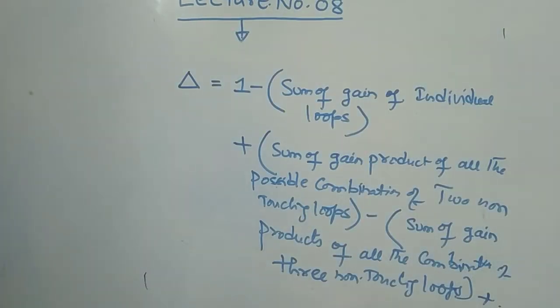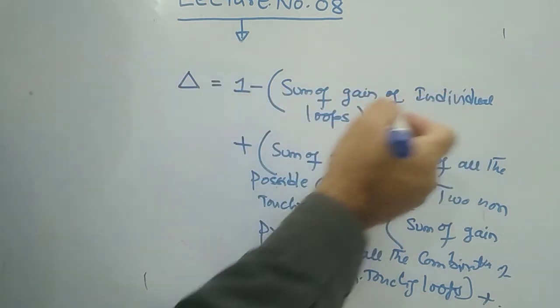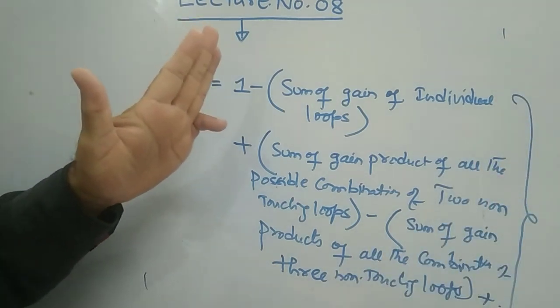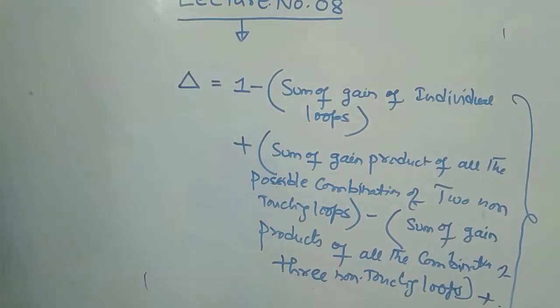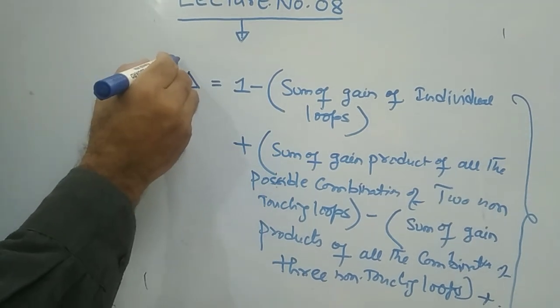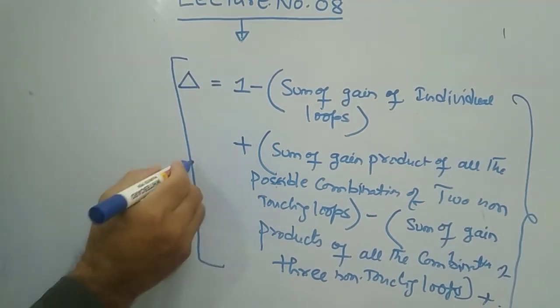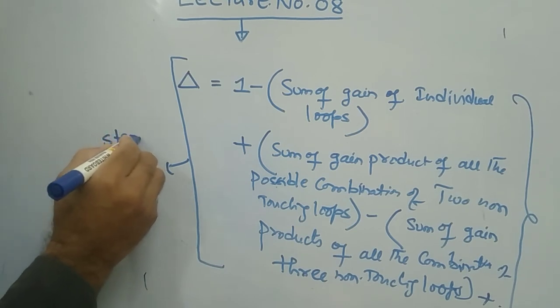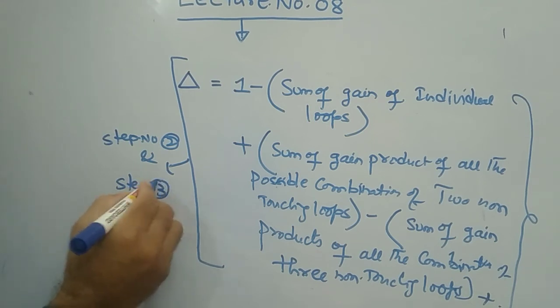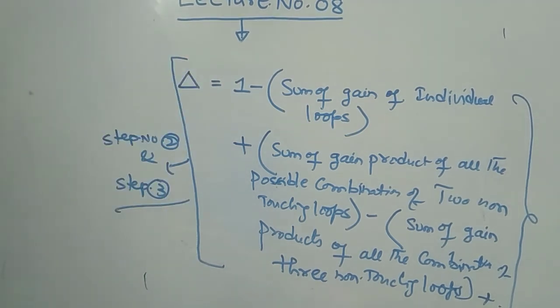It looks complicated, but it is very easy. So delta is equal to 1 minus the sum of gains of individual loops, and so on. This covers your step number 2 and step number 3. In step number 2, you find the individual loop gains L1, L2, L3.